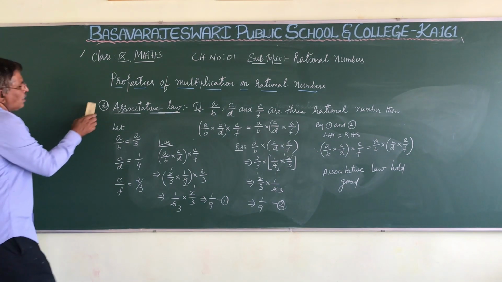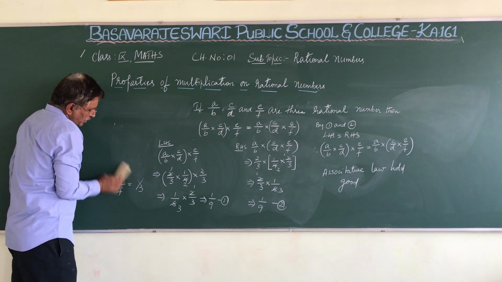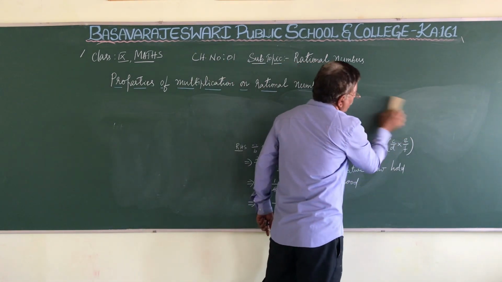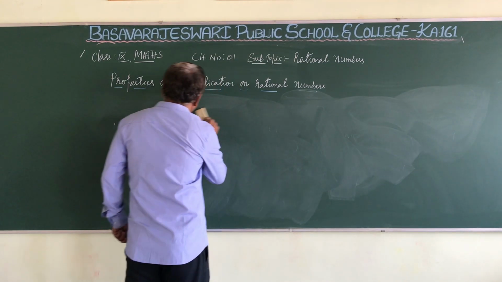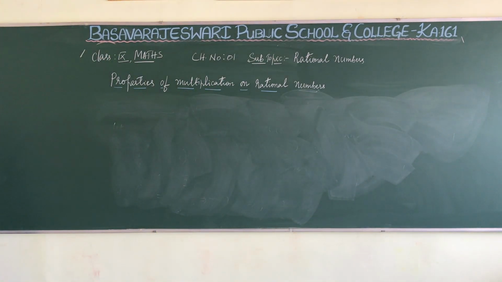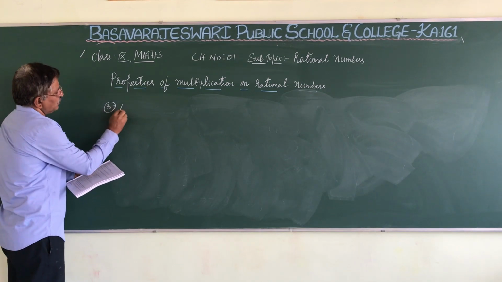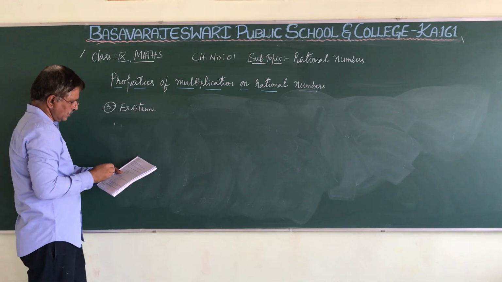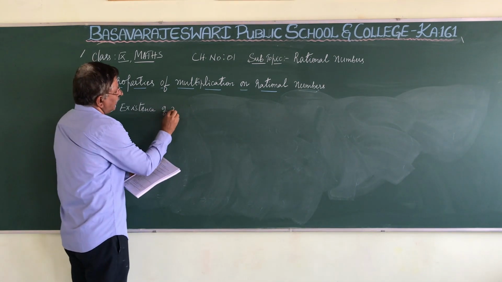Yes. After this, I hope you have written. After this, we'll go for the next property. The next property is that's the third one, existence of multiplicative identity.